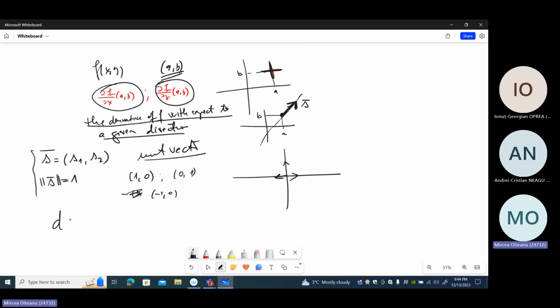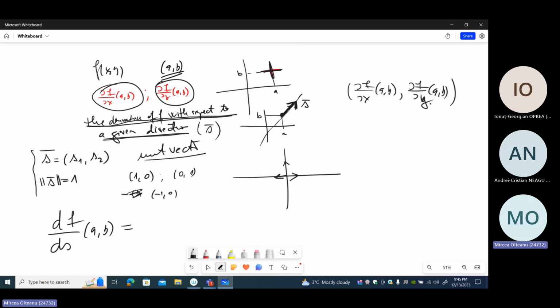So we denote by ∂f/∂S at the point (a,b), and the name is the derivative of f with respect to a given direction S at the point (a,b), actually the projection of the vector (∂f/∂x, ∂f/∂y) at (a,b), which is called the gradient of f, on the direction S. It is S1 times ∂f/∂x at (a,b) plus S2 times ∂f/∂y at (a,b).